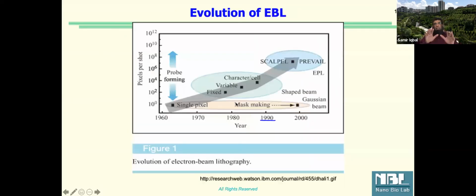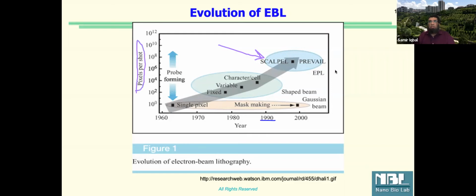Now, E-beam lithography has evolved over the years. Instead of just writing one point, we have gone through lots of variations. These are two or three types, SCALPEL and PREVAIL. The idea is that over the years we can put more pixels in one shot.